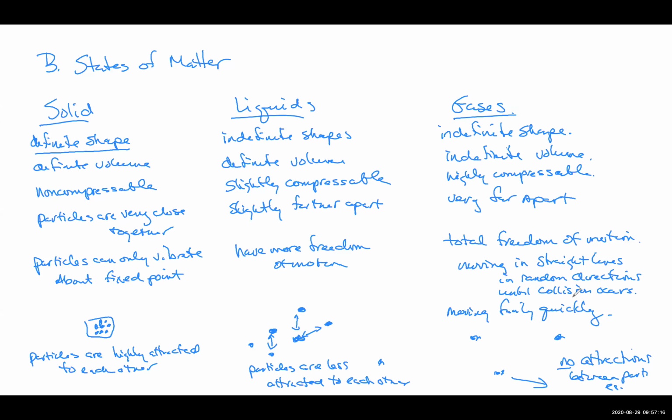The last thing I wanted to talk about in this video is physical versus chemical. This is just a quick intro. We talk about chemical and physical properties of matter, and chemical and physical changes of matter.